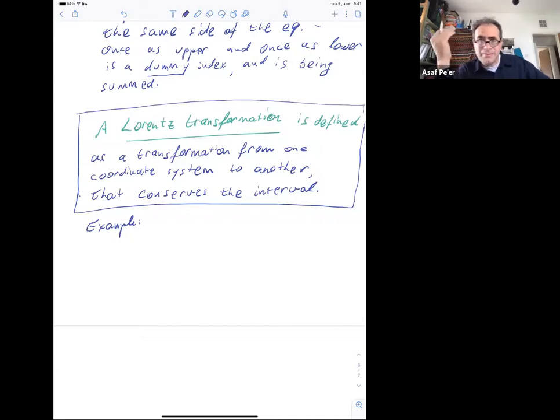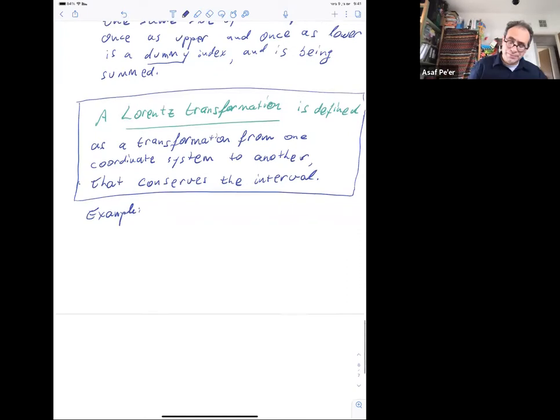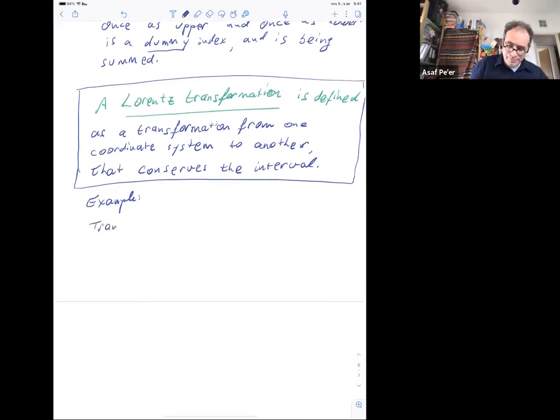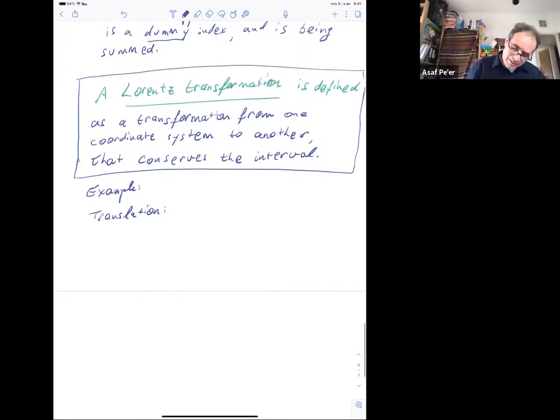So the first one, simplest, is translation. What is translation? It's just a shift of coordinates. So x mu goes to x mu prime, which is just x mu plus a mu. That's a translation.